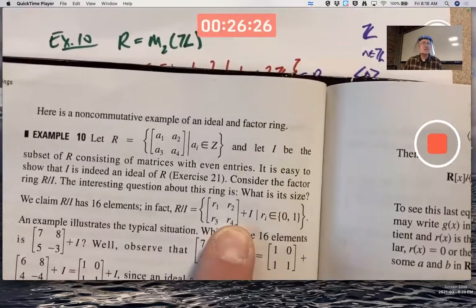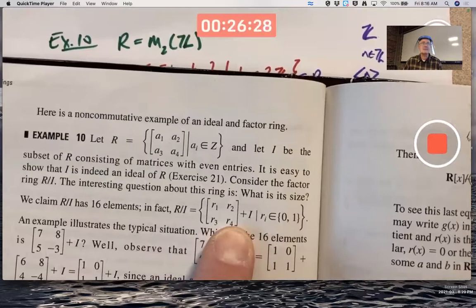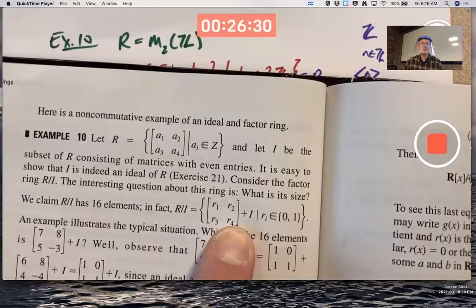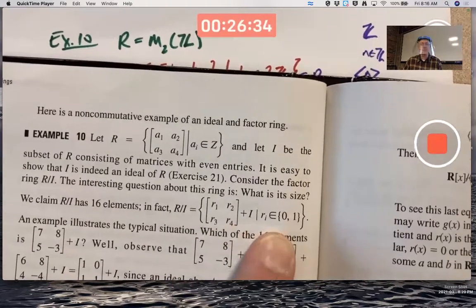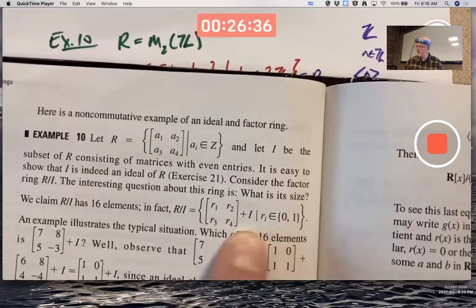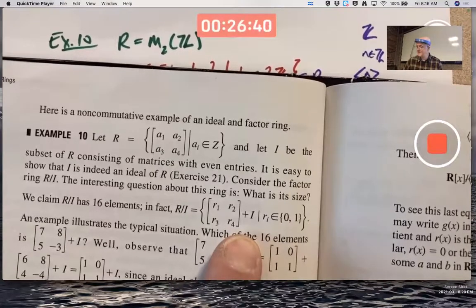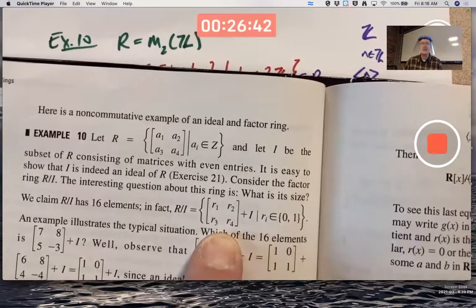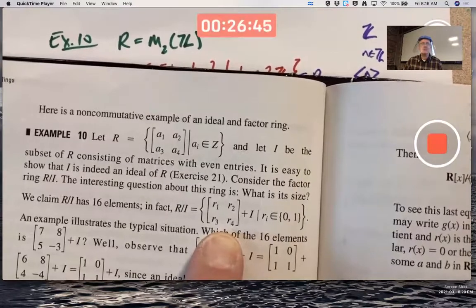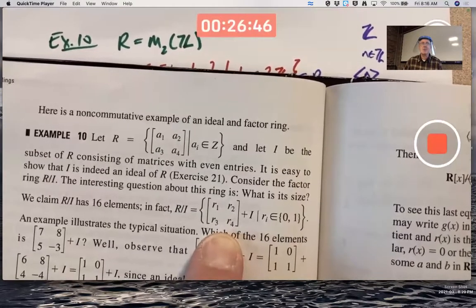Cosets with an addition notation because we emphasize that the group operation is addition, where these R's are either zeros or ones. So in each entry, there's two choices, 0 or 1. And so the total number of cosets you can make is 2 times 2 times 2 times 2, 2 to the fourth, or 16 possible cosets.